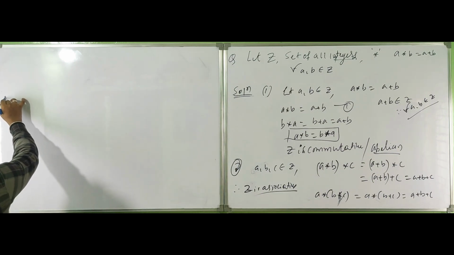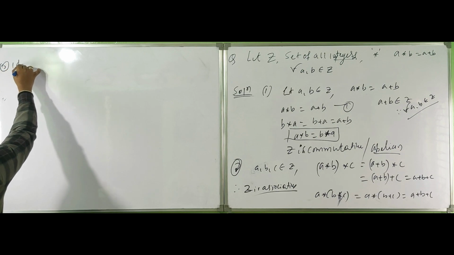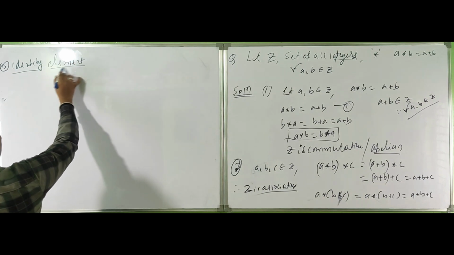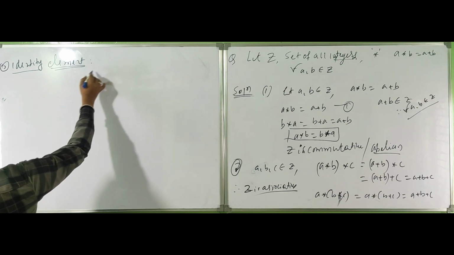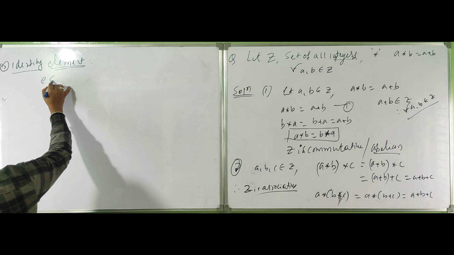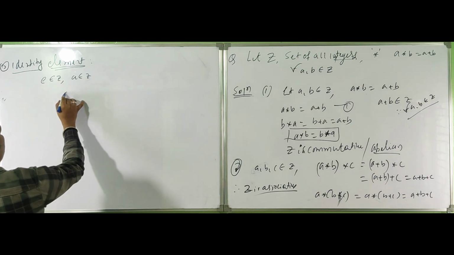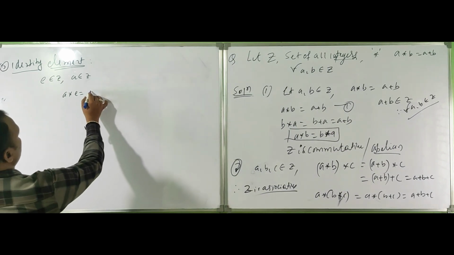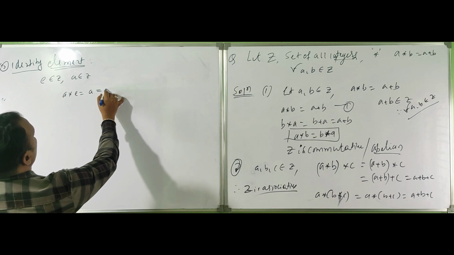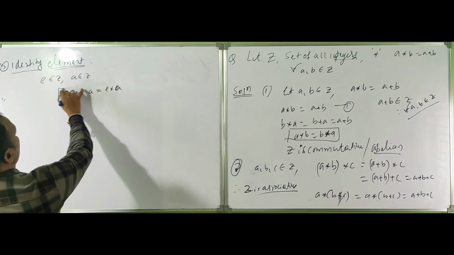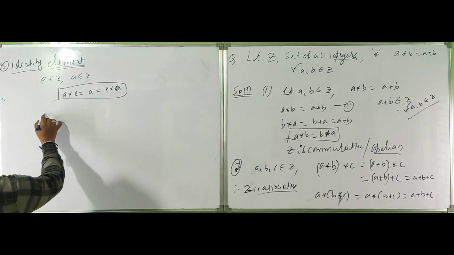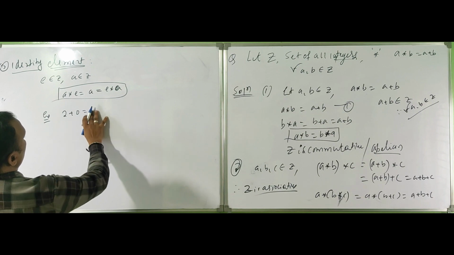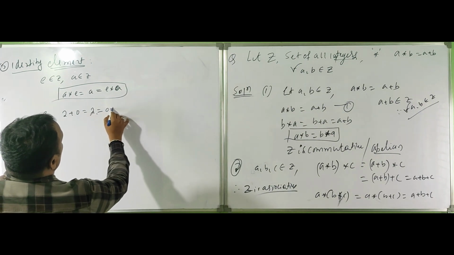Then the third one is identity element. How to show it here? Let A, E belong to Z. A star E should be equal to A, which is equal to E star A. For example, 2 plus 0 is equal to 2, which is equal to 0 plus 2.